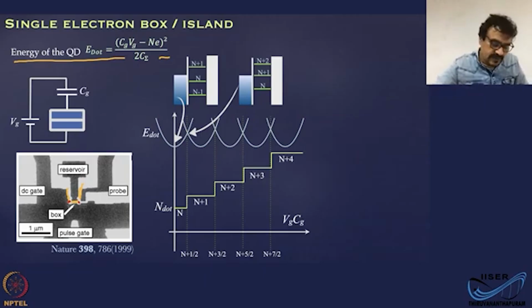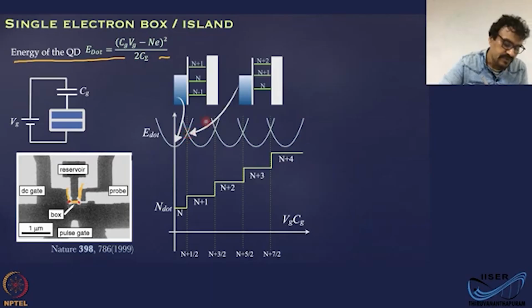So the electrostatic energy is going to oscillate like this, and whenever any of these parabolas meet, that's a degeneracy point, and you can fill an extra electron. When you walk back, you can remove that electron. That corresponds to sweeping the level across the source of charges here.